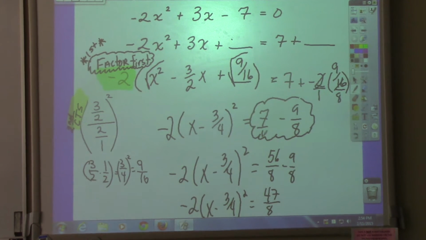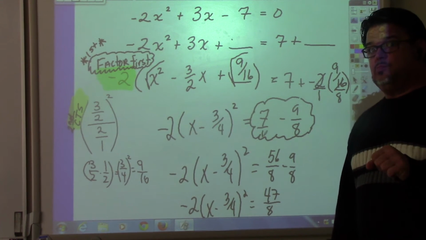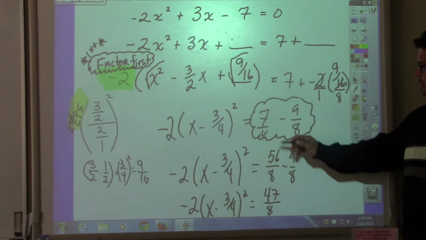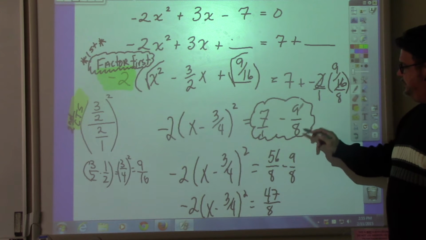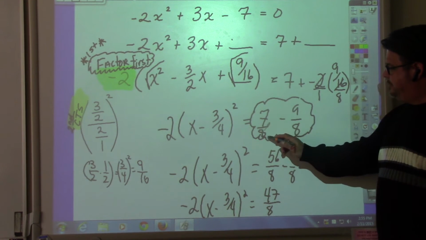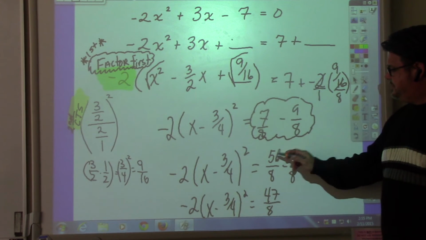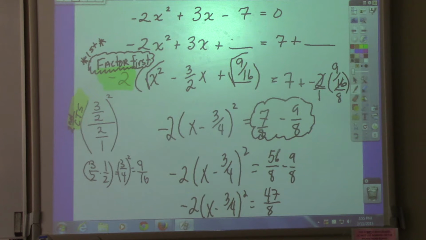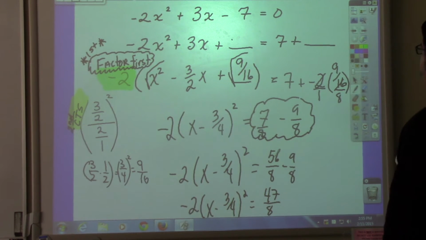Completing the square is designed for you to use what? Your brain. That's why people don't like it. In other words, that's 7 over 1 minus 9 over 8. So 1 will go into 8 how many times? 8 times. 8 times 7 is 56. All right, so we're going to take that over to the next page.